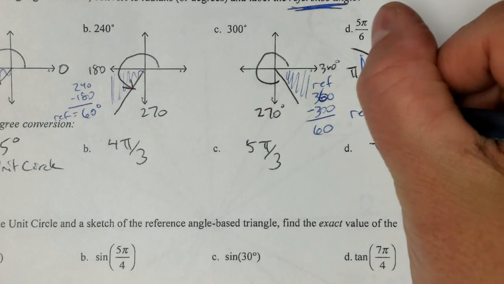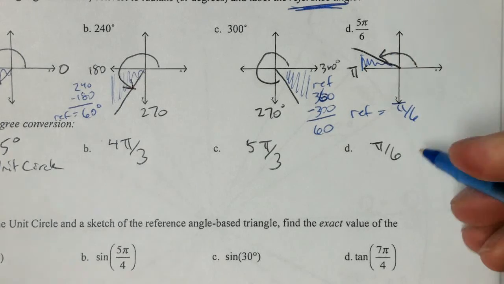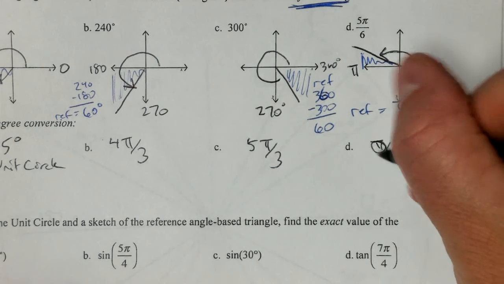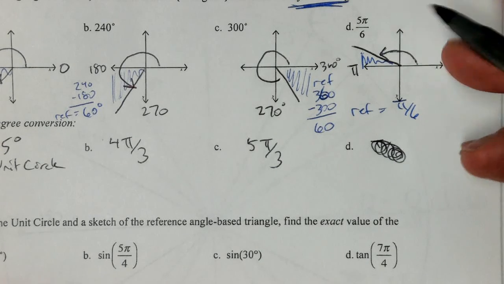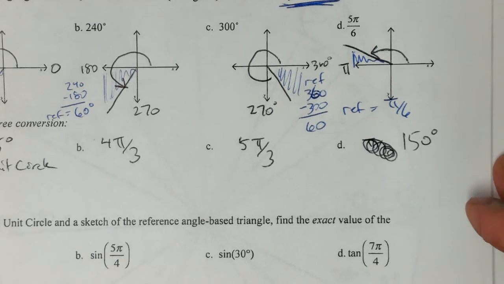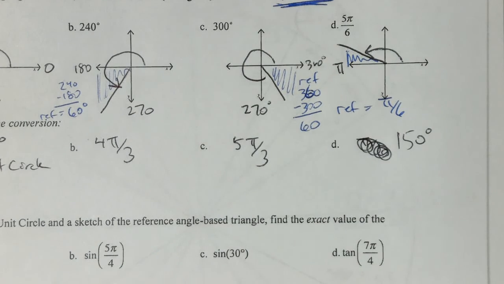The reference is pi over 6. The equivalent degrees to that is 150 degrees. 150 degrees. Any questions?